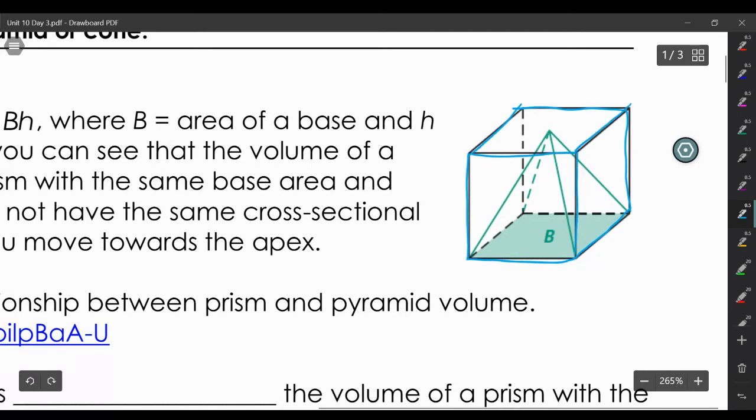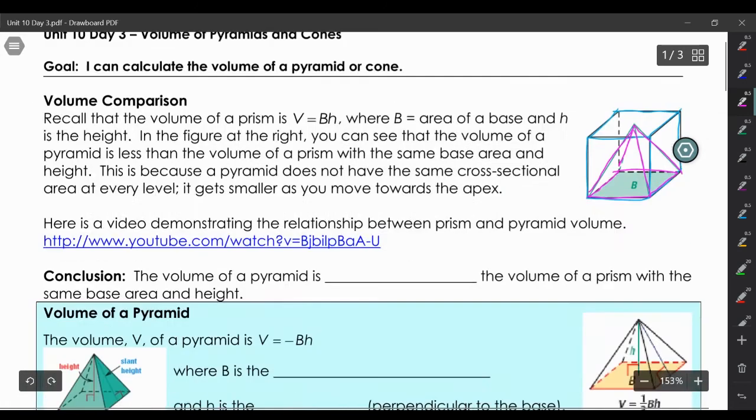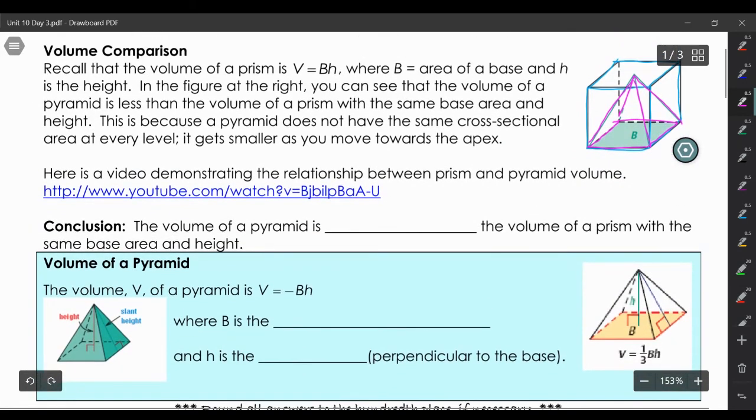Now, if we had this same pyramid, and what I mean by same pyramid is the base is the same, and the height of the pyramid is the same, then the volume of that pyramid is going to be 1/3 of this prism. And there's a video here to demonstrate that. So it is 1/3.